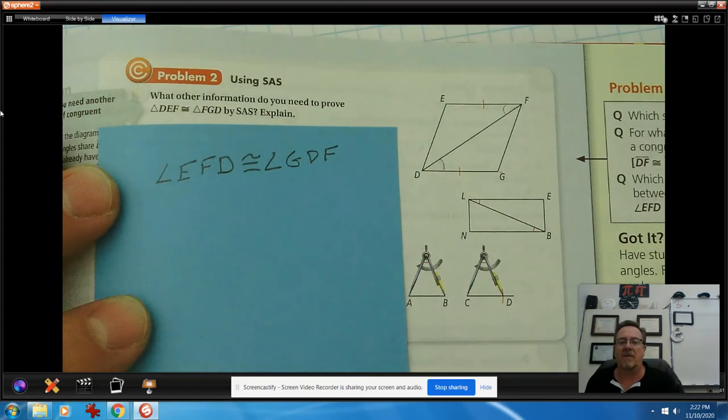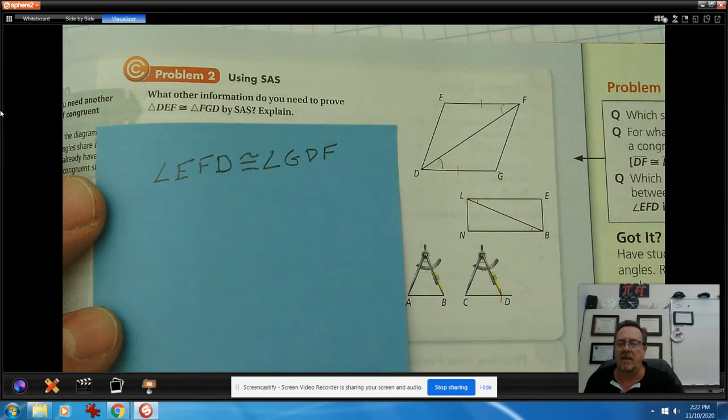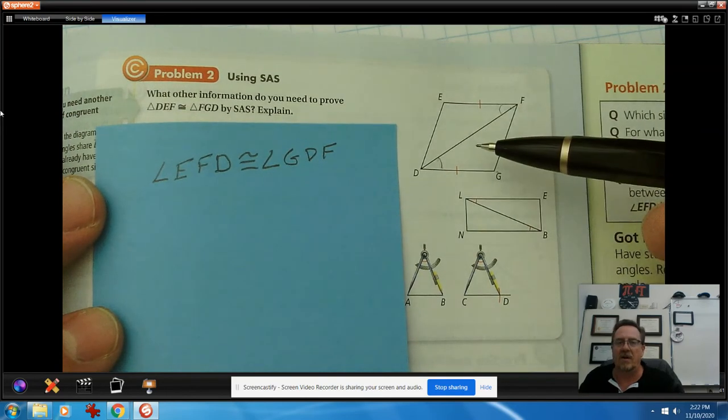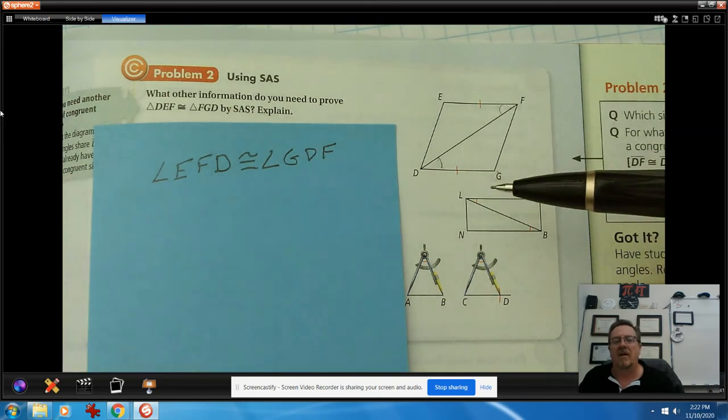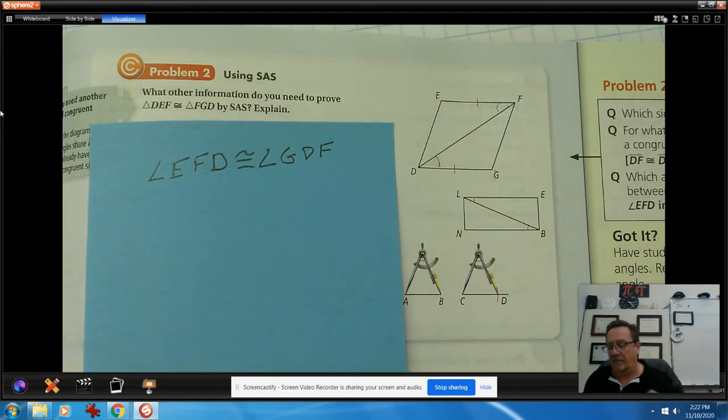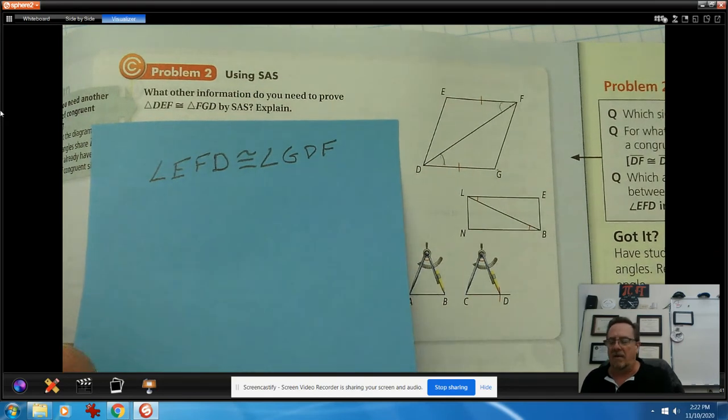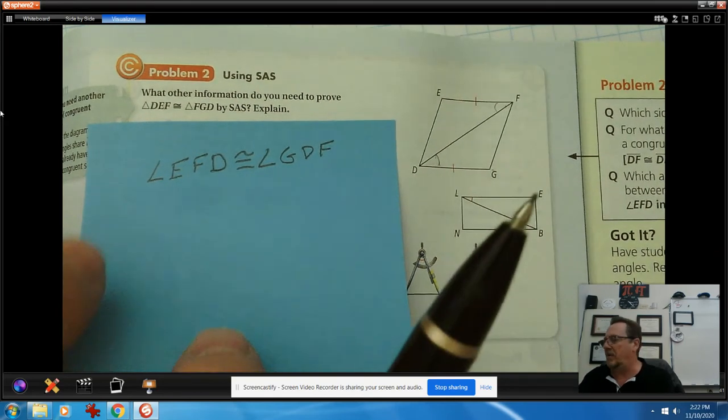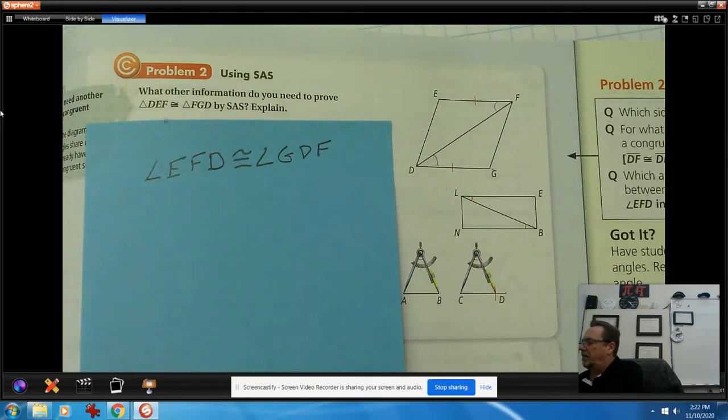That's my missing information that I would need to know to show that these triangles are congruent by side angle side. All of these that we're going to learn for the next few days are triangle congruence theorems, okay? That means we're trying to prove that the triangles are congruent to each other.